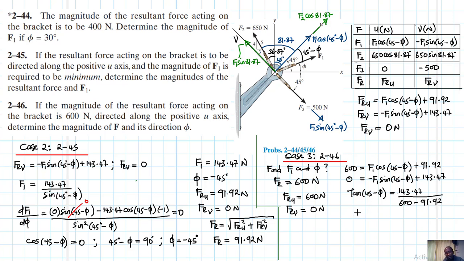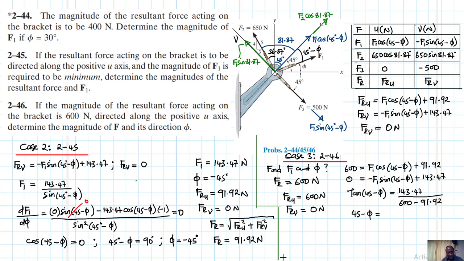Therefore, working this out, we are going to have 45 minus phi equal to, so grab your calculator and work this out. Grab your calculator. So we have 143.47 divided by 600 minus 91.92.